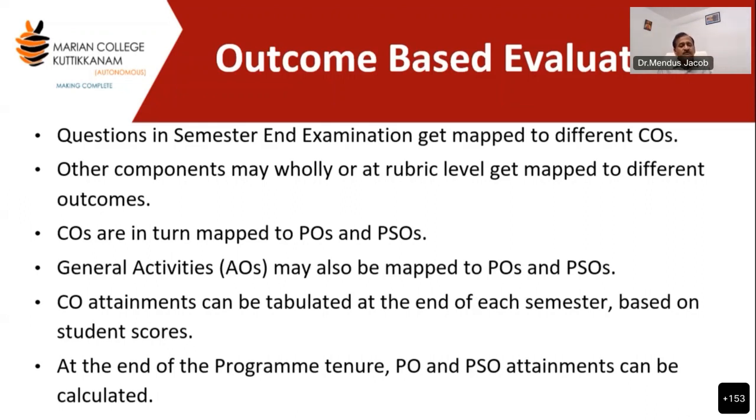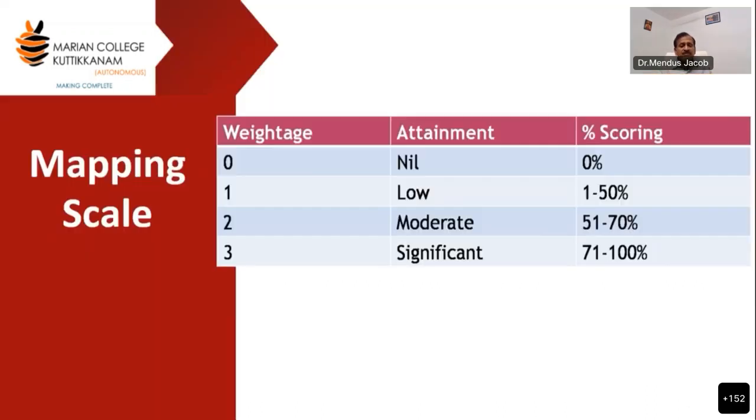That is also possible. CO attainments can be tabulated at the end of each semester based on student scores, because COs we calculate at the end of the semester, at the end of the course. Whereas POs and PSOs, we will calculate at the end of the program. But we can calculate in between so that it progresses.